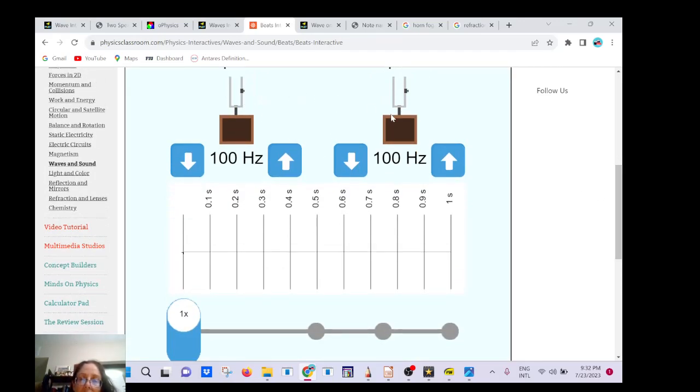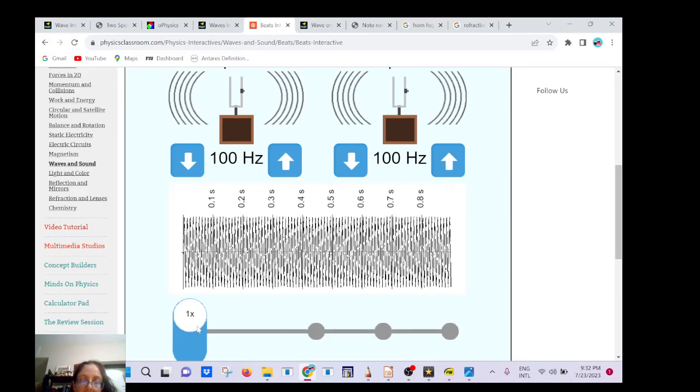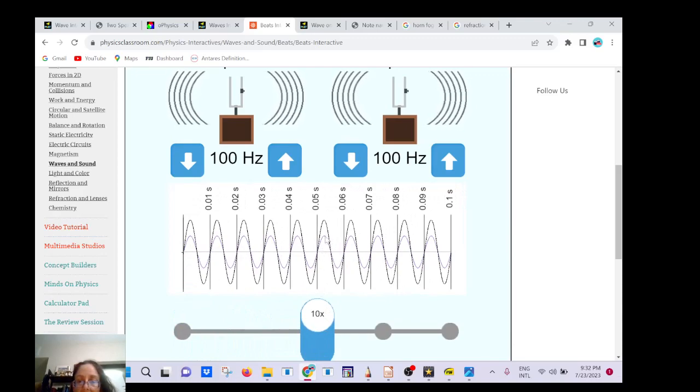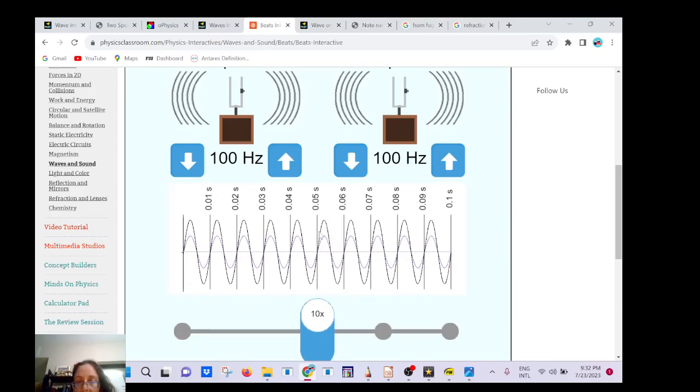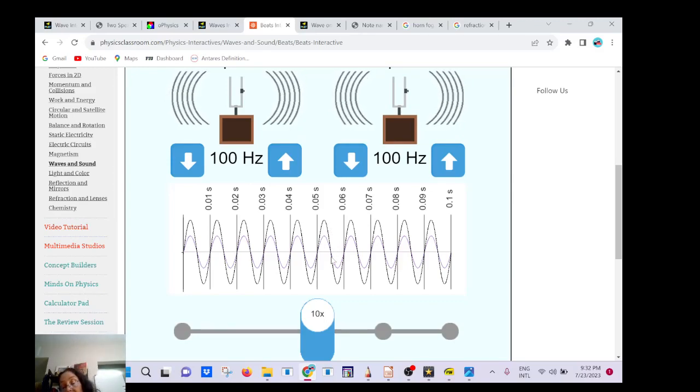So these are two tuning forks. This one is 100 Hertz. This one is 100 Hertz. So of course I'm going to tap here, have a wave, and here I have another wave. And if you look closely, they're going to add up. Both of them will add up to the same wave, to the same frequency.